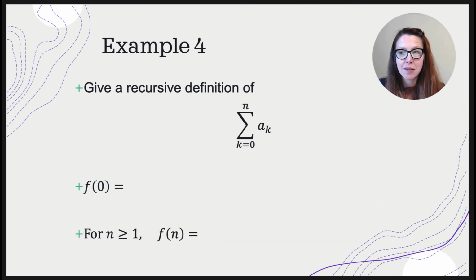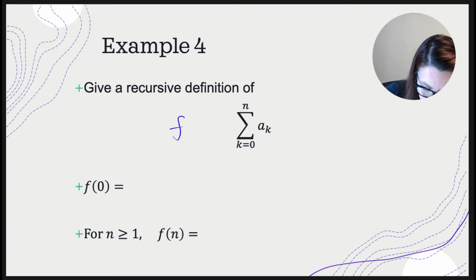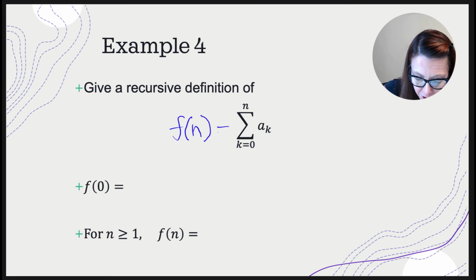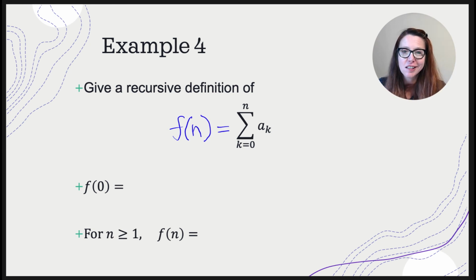In this last example of recursively defined functions, we want to give a recursive definition for summation. So in this case, we'll have a function, f of n, that's set to be the sum from k equals 0 to n of a sub k. And we know that this then becomes a sub 0 plus a sub 1 plus a sub 2, all the way out to a sub n.